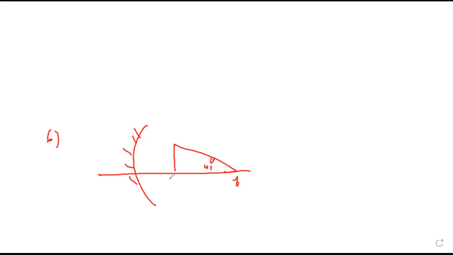This is f by 2, in front of a concave mirror of focal length f. Which of the following four options qualitatively represent the shape of image of the bent wire? These figures are not to the scale. So which will be the shape of wire? Image of the shape of wire we have to find.